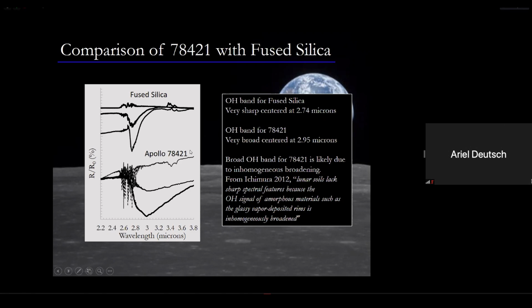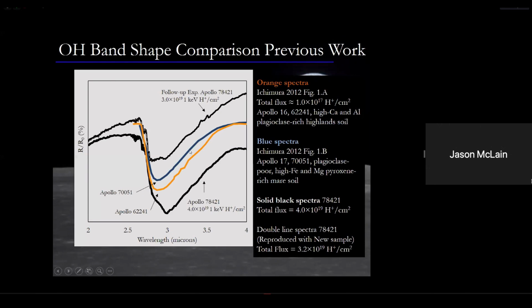And that is very interesting. And so we decided to compare with their results. And here are our results. There's a follow-up spectra taken of the same sample. And you can see here that the overall feature from three different samples, highland calcium plagioclase, and then a high iron, magnesium pyroxene, and then our sample are all very similar, which was really interesting.